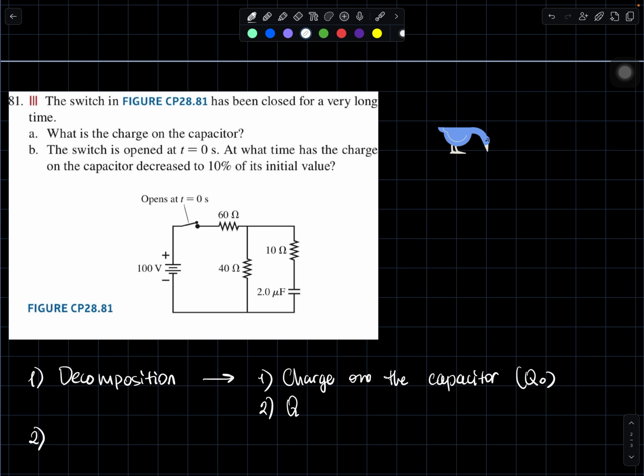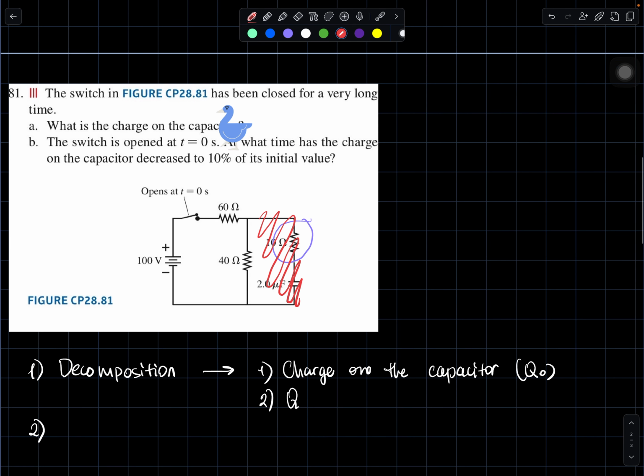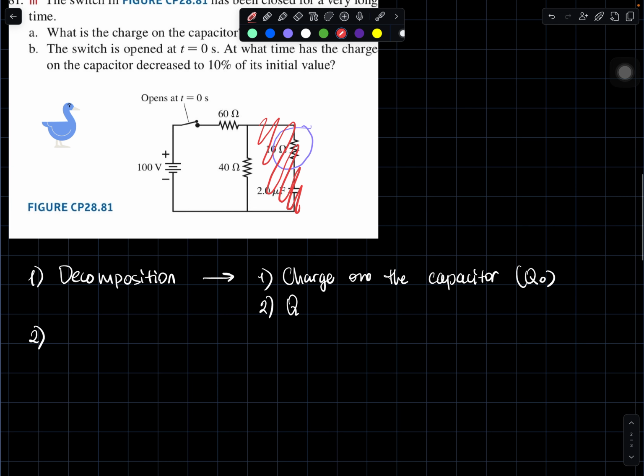This means I can treat the capacitor and this 10 ohm resistor as an open circuit and just remove them. Then the circuit simplifies to just the battery with 60 ohms and 40 ohms in series. So this was abstraction.